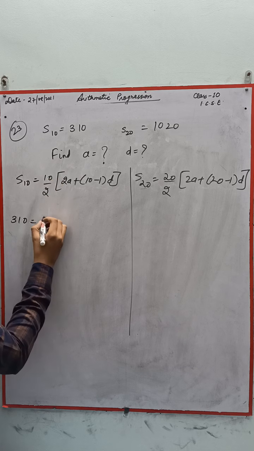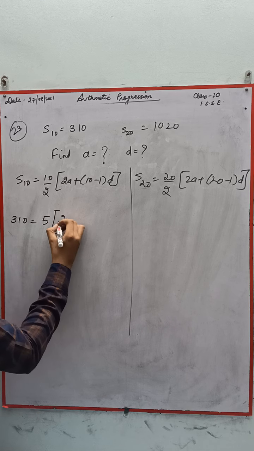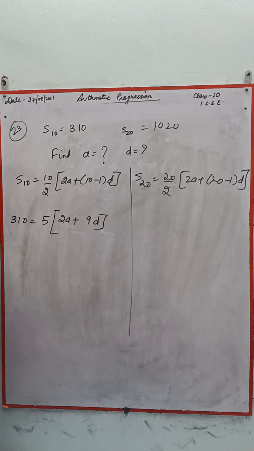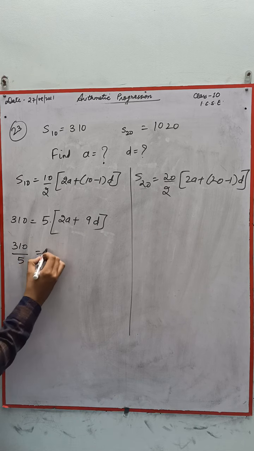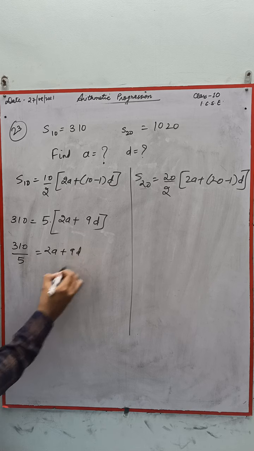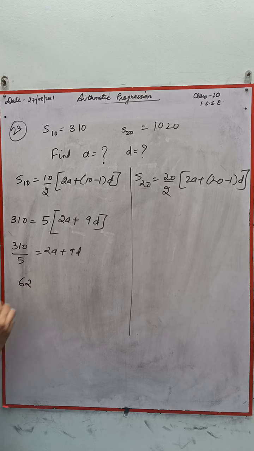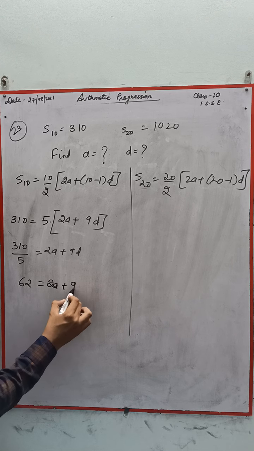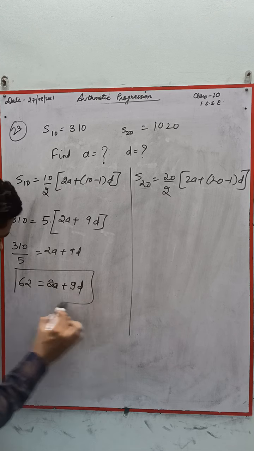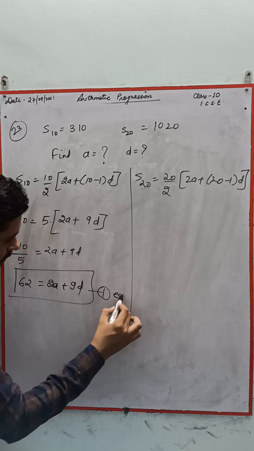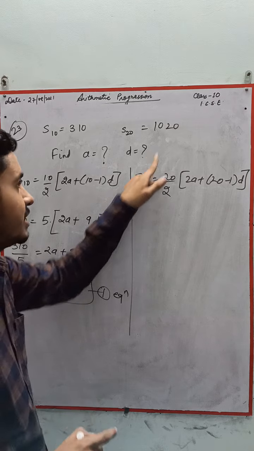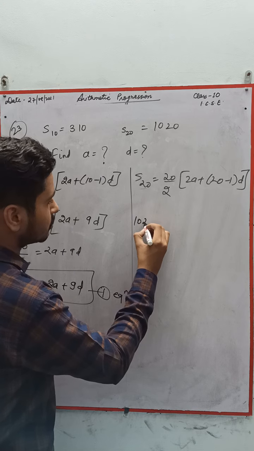Okay, so in place of S10 we have 310. 10 upon 2 will give you 5, times 2a plus 10 minus 1, which is 9d. Taking this 5 here, 310 upon 5 is equal to 2a plus 9d. Here you will get 62. So 62 is equal to 2a plus 9d. Call this the first equation. Now S20. In place of S20, can we put 1020?